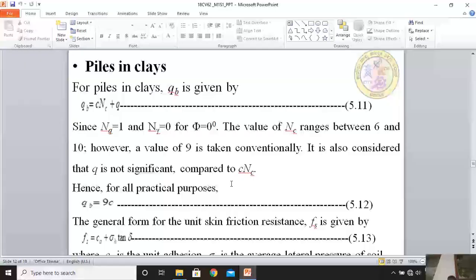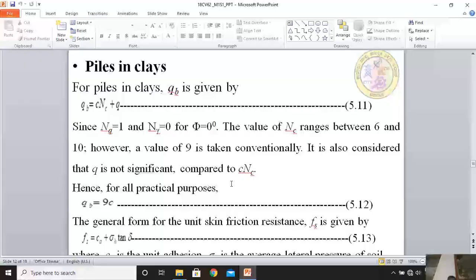However, a value of 9 is taken conventionally. It is also considered that Q is not significant compared to CNC. Hence, for all practical purposes, QB equal to 9C.